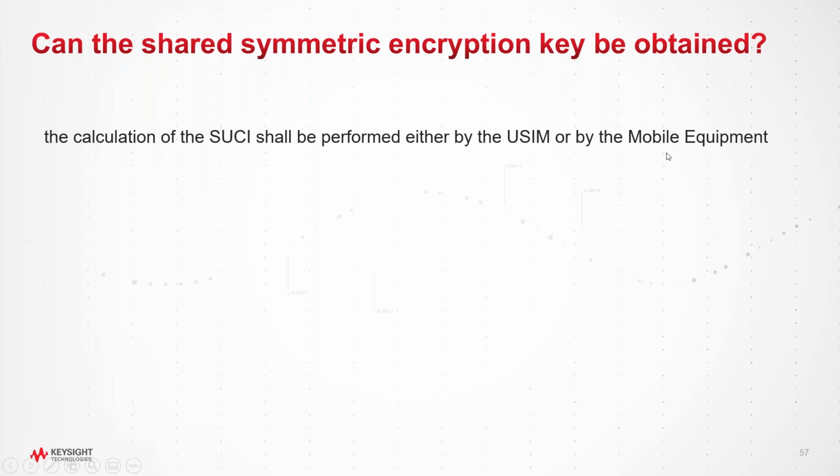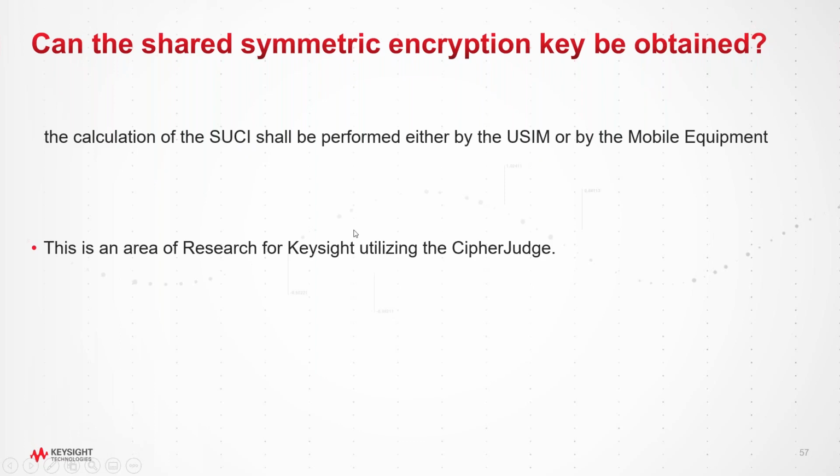So that means that if the mobile equipment gets that encryption key, and if the mobile is the one that's going to calculate that SUCI using that shared encryption key that comes out of the SIM, well, that's what we would like to do with the Cipher Judge, right?